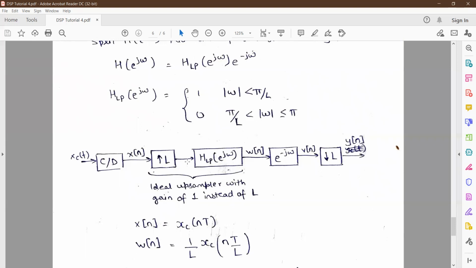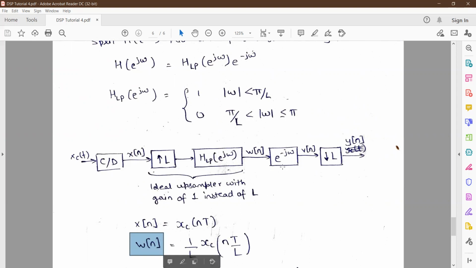That is what happens when we pass it through an ideal upsampler. The time period will get scaled, and also the amplitude will get scaled. And then we get w[n].